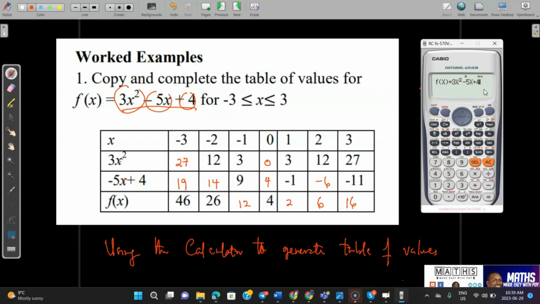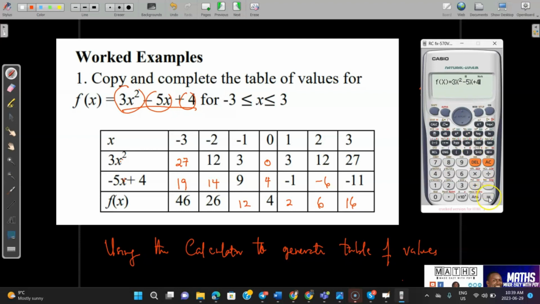Now, when you are able to program the formula, then you press the equal to button. As I told you, my calculator is a modified calculator, so it has more functions than yours.